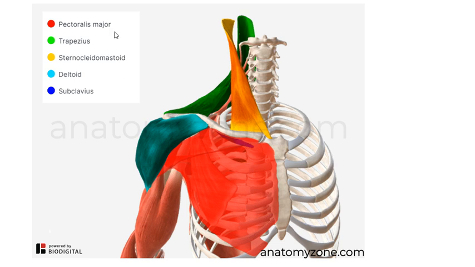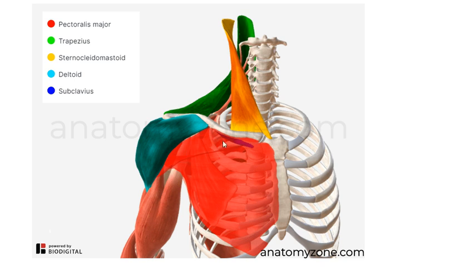Now these are the muscles. A very simple way to represent the muscles: you just focus on the clavicle here. The medial 2/3 of the clavicle is rectangular in shape, so it has 4 surfaces. To the anterior surface of the medial 2/3 arises the muscle which comes from the anterior chest wall and goes all the way to the humerus.